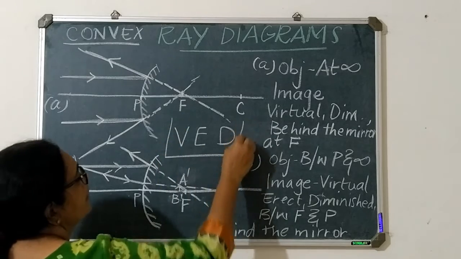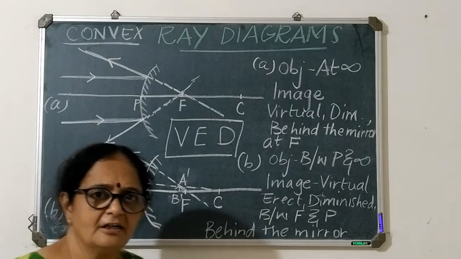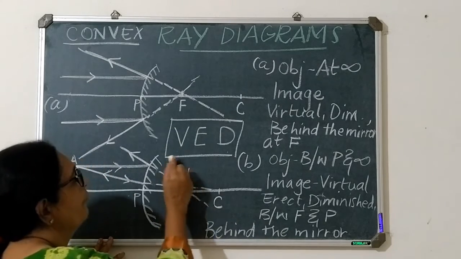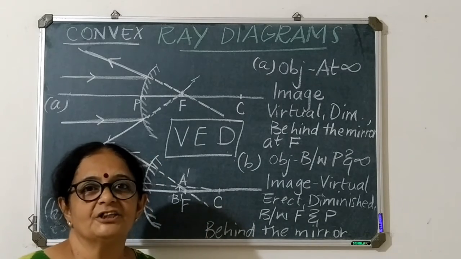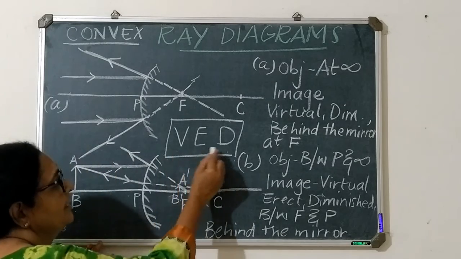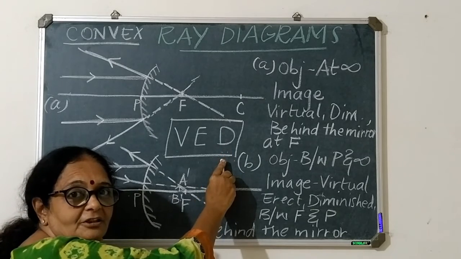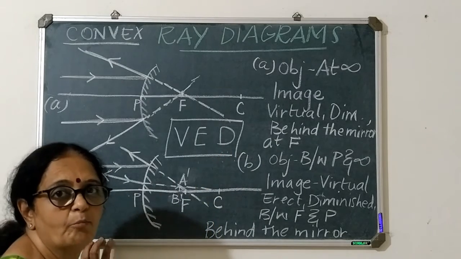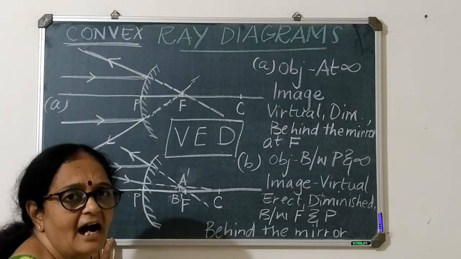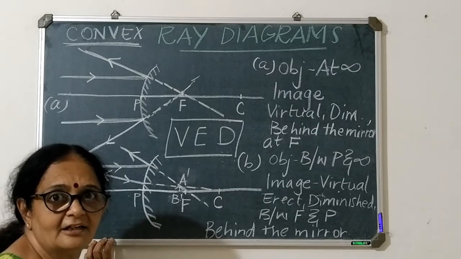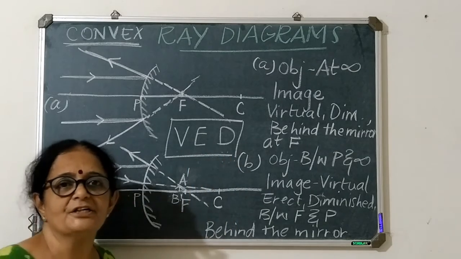So for convex mirror there is only one thing you have to remember, VED. VED is not wedding's WED, or Wednesday's WED. VED is virtual, erect and diminished image. Always underline, bold, black, convex mirror, wherever the object will be, close your eyes and write in the answer, the type of image obtained is virtual, erect and diminished.